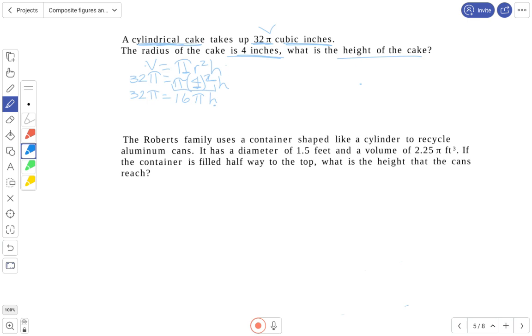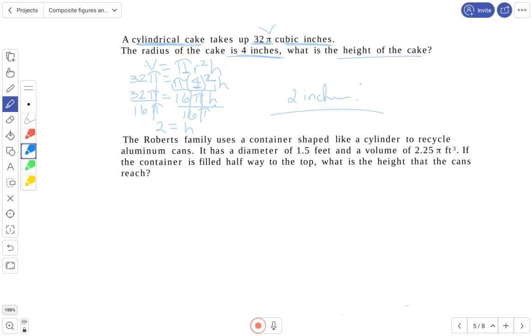Everything is connected with multiplication, so I'm going to divide the right and the left side by 16 pi. On the right side, the pi's divide out, the 16s divide out, and I get h by itself. On the left side, the pi's divide out, and 32 divided by 16 is 2. So the height of this cake is 2 inches.